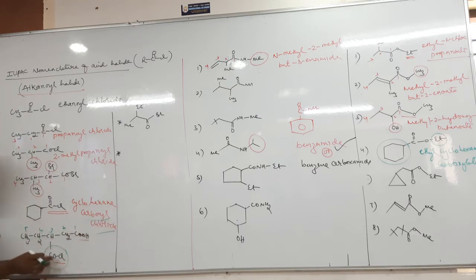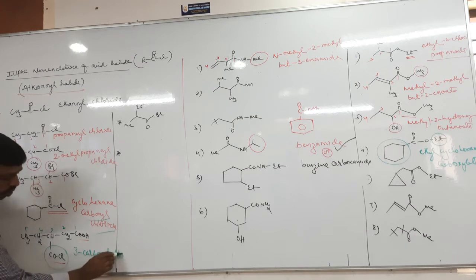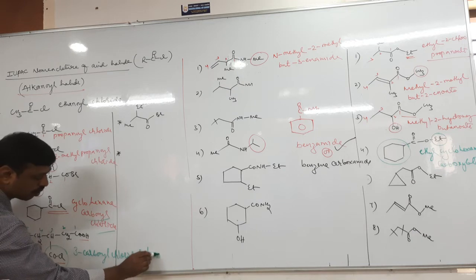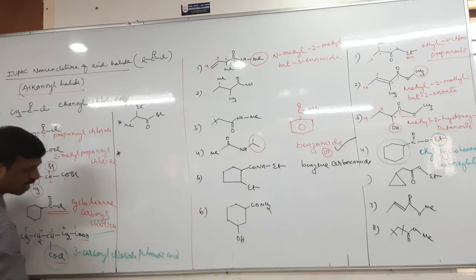And which carbon? Third carbon. So 3-carbonyl chloride, and it is a pentanoic acid. 3-carbonyl chloride pentanoic acid.